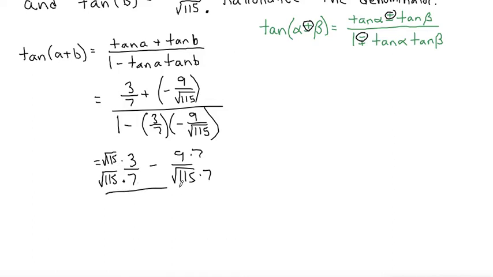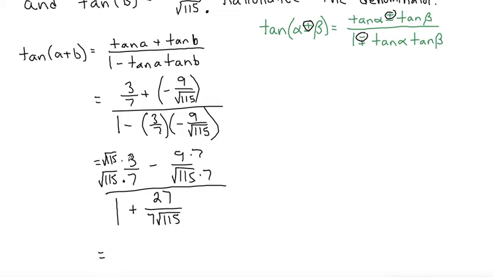For the denominator, to simplify a bit, let's multiply our fractions together. So we have minus and multiply by another negative makes a plus. 3 times 9 is 27, and 7 times root 15 is 7 root 15. Okay.